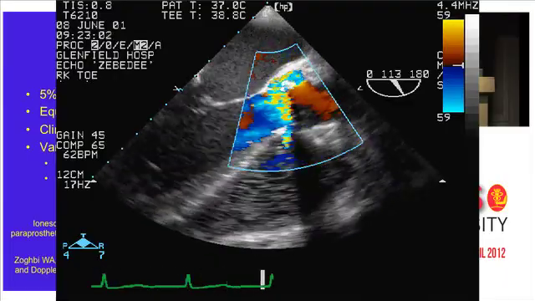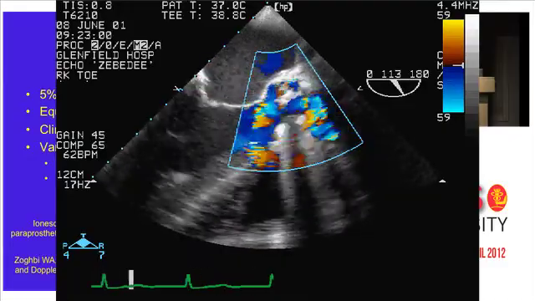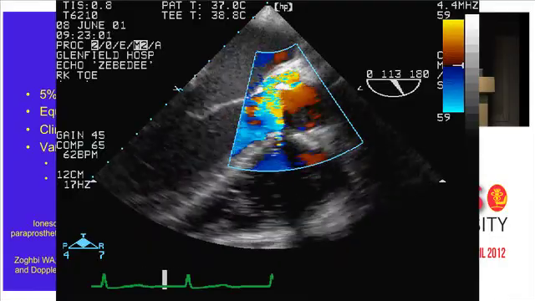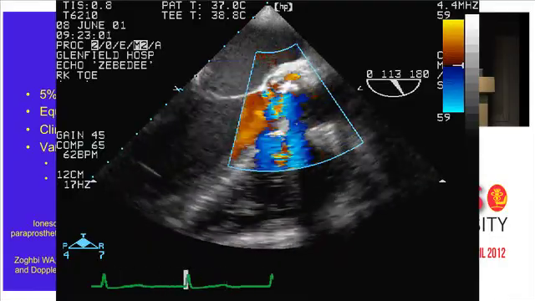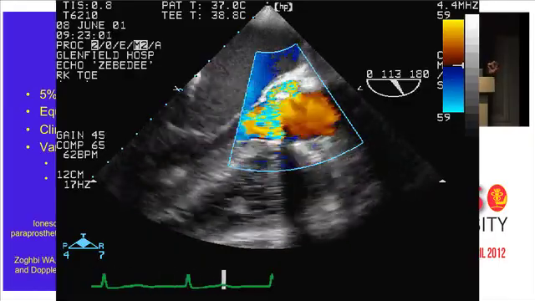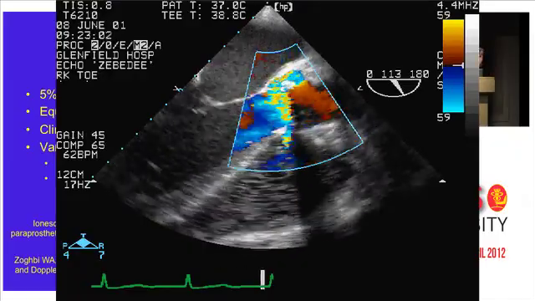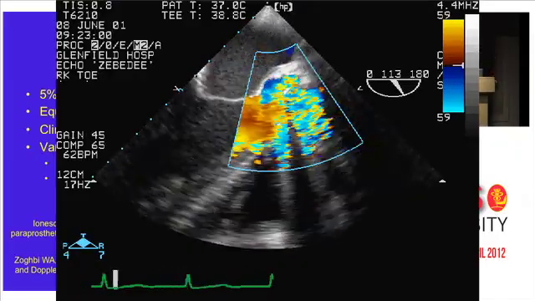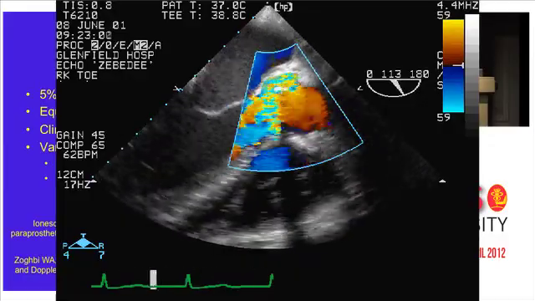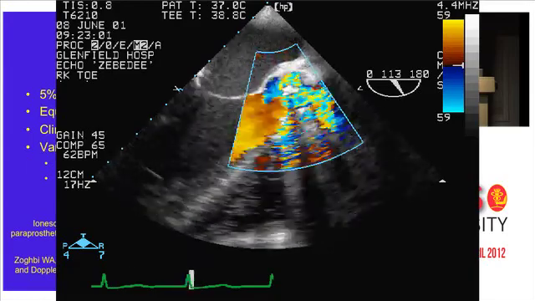So we must make a clear distinction between central or washing jets coming through the inside of the sewing ring, and real paravalvular jets going from the outside or around the sewing ring. So we talk about physiological jets or washing jets. And any paravalvular leak, by definition, is pathological and has to be sorted out or looked after.